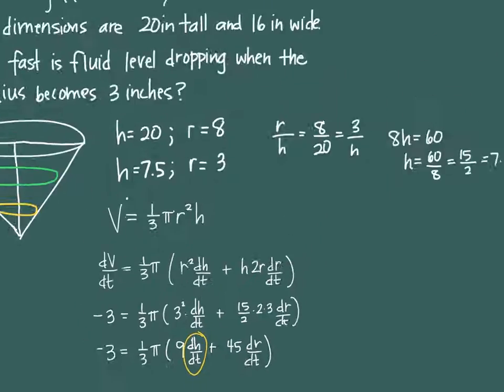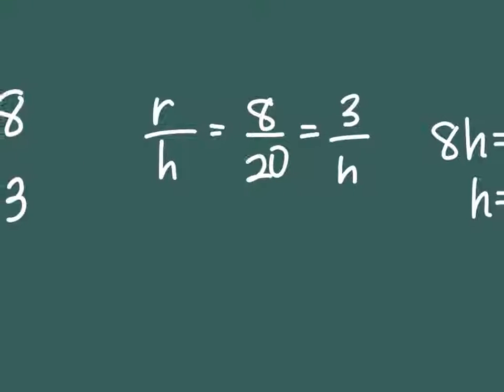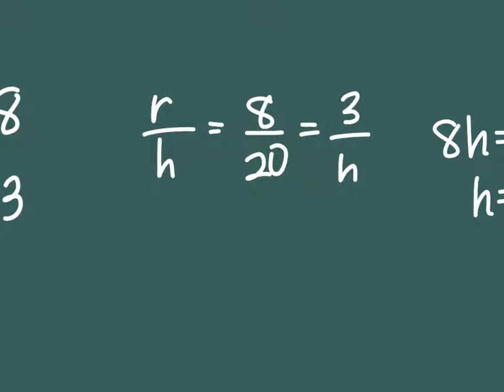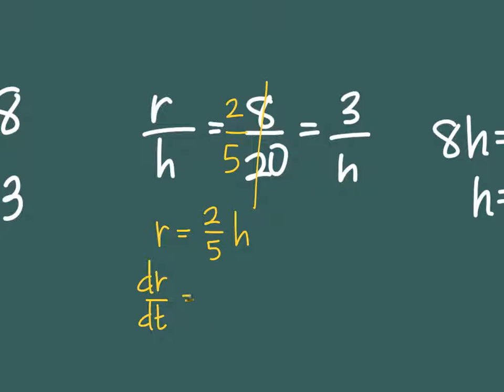So going back to the original, 8 and 20 can be reduced to 2 over 5. So R is 2/5 of H. The rates are exactly in proportion as well. So if R is always 2/5 of H, dr/dt will always be 2/5 of dh/dt.